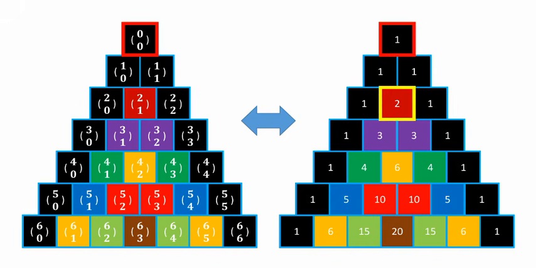Similarly, compare this number 2 with this combination 2 choose 1. If we simplify 2 choose 1, we get 2. So both these numbers are again the same. A similar relation can be proved between the corresponding elements of both the triangles.